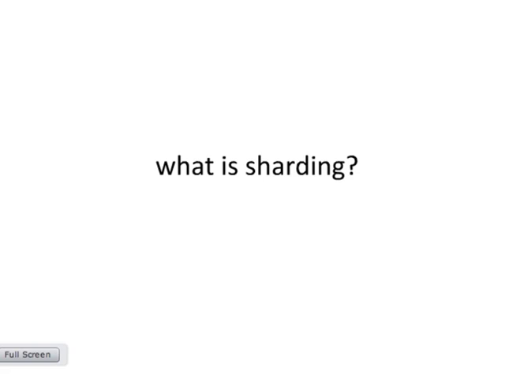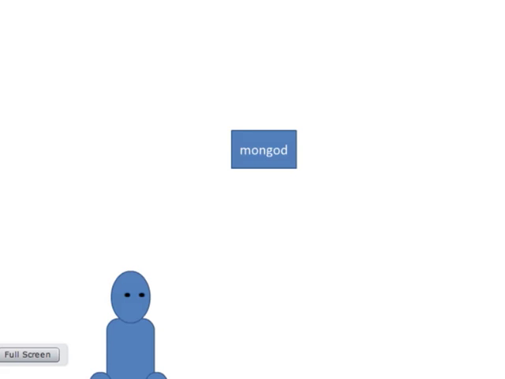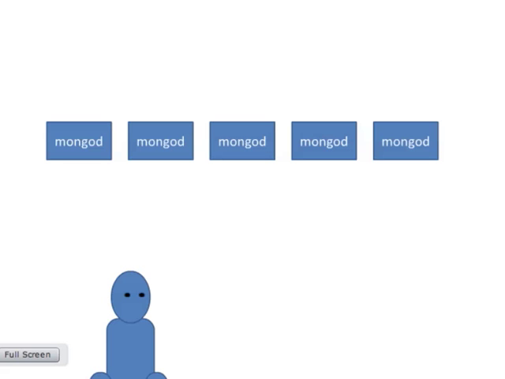So getting started, I'm just going to review the important points of sharding so that we're all on the same page. If you have an application, you set up your Mongo, and you have a single Mongo server, or you might have a replica set, but basically you have a complete copy of your data on each of these machines, and you can access that data like it was on a single machine.